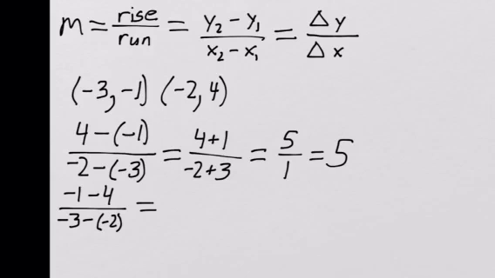Then doing what I did before, I get -5 over minus a minus becomes plus a plus. So that's -1. Then the negative signs end up canceling in division, and I still get 5. So it doesn't matter which point is x1, y1, and which point is x2, y2. But what I do have to do is subtract the x-coordinates in the same order as I do the y-coordinates.